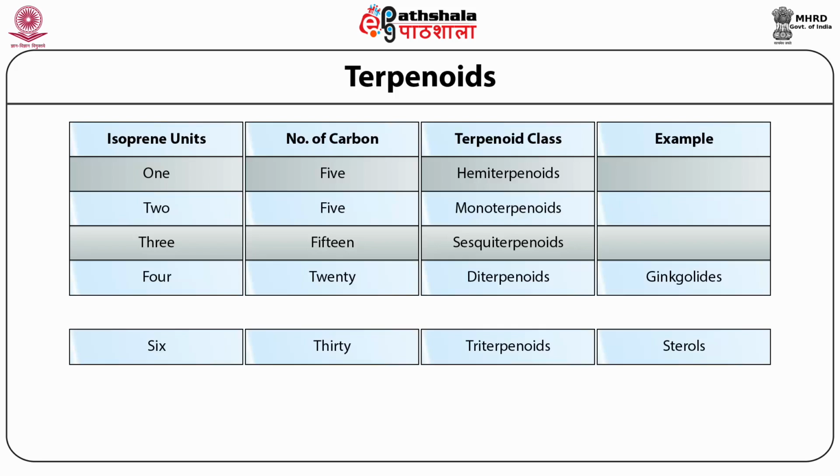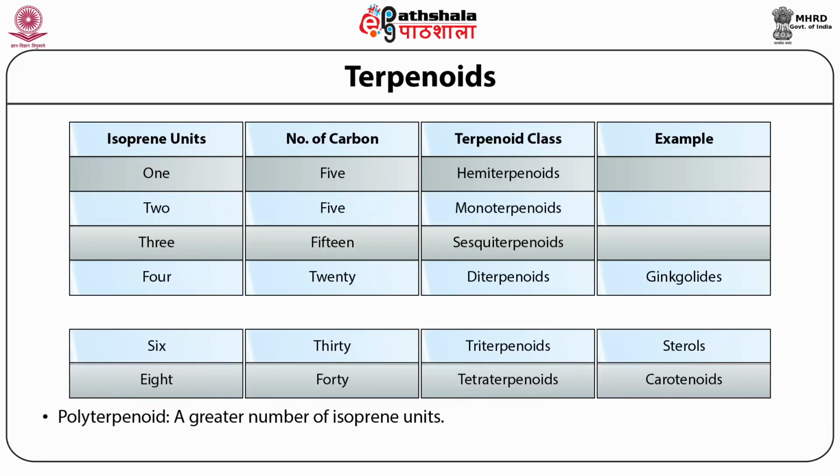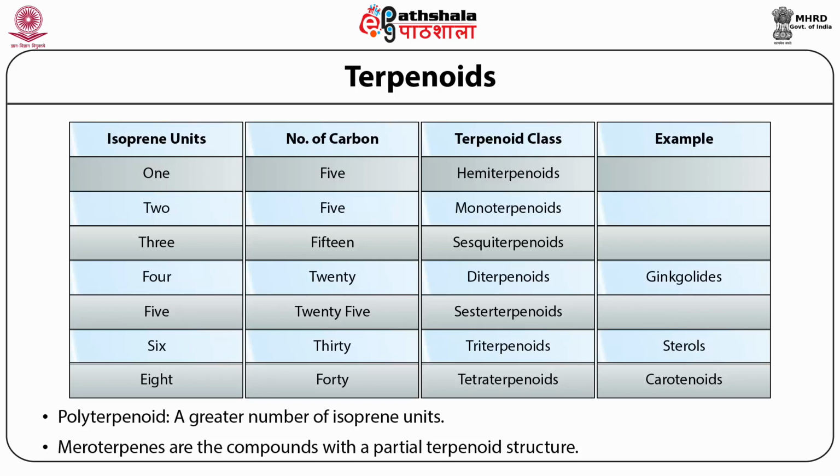In addition to these classes, polyterpenoids and meroterpenoids are also present. The polyterpenoids possess a greater number of isoprene units, whereas meroterpenes are the compounds with a partial terpenoid structure.